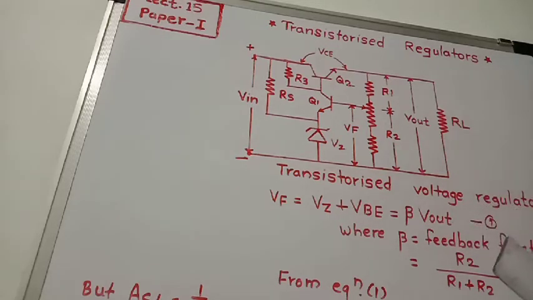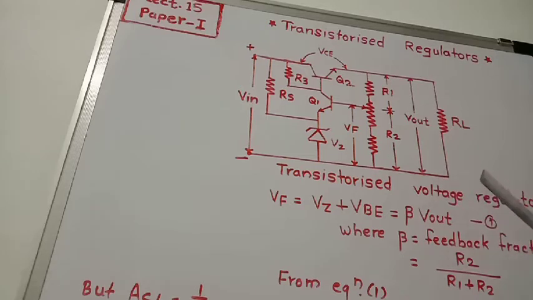In this circuit, transistor Q1 is used in the active region. We know that a transistor can be operated in three states.